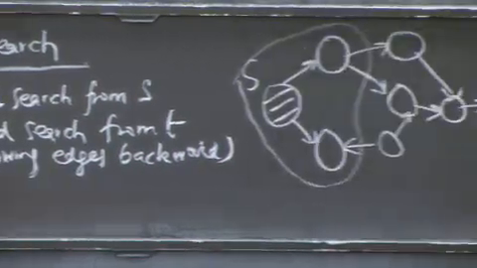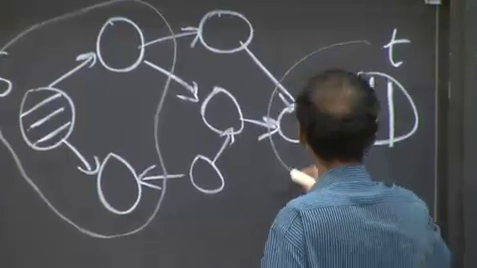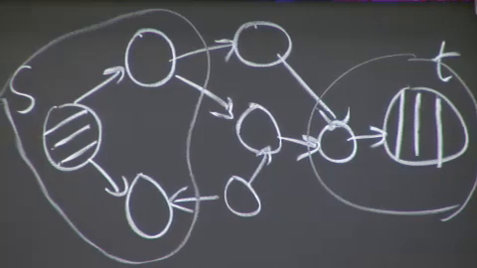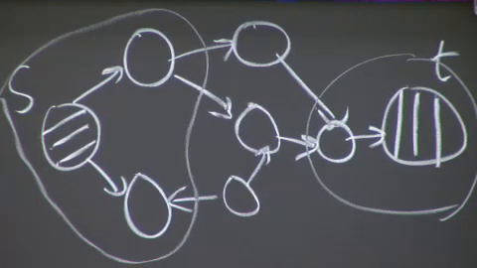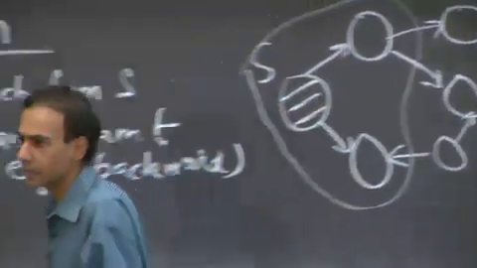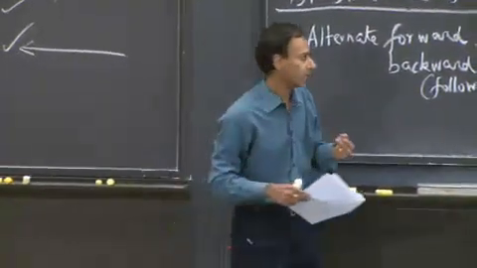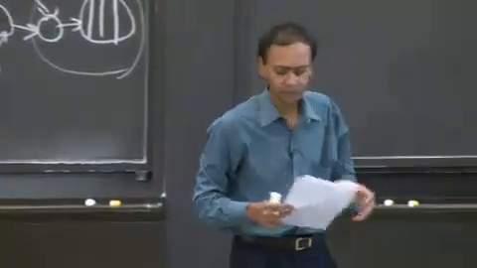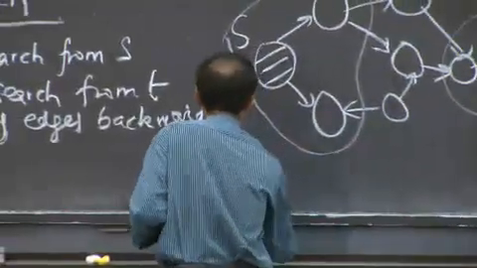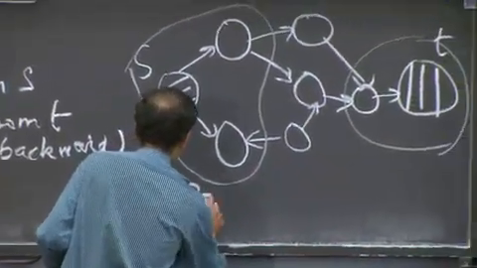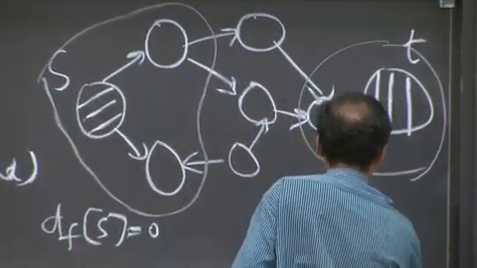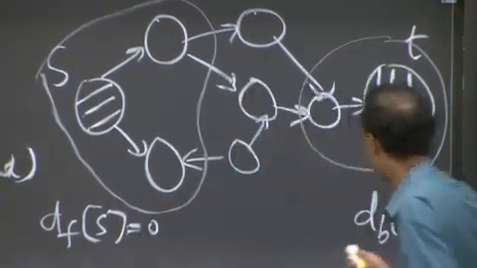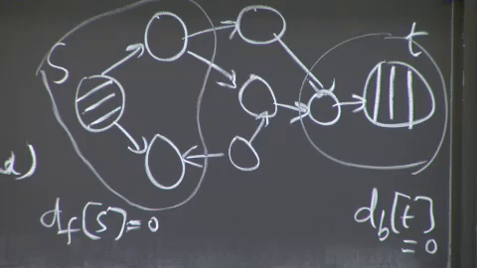But what would happen here simply is that your first frontier of backward search, T now in the backward search, is the minimum priority. So we're going to have two priorities. For S in the forward search, that's a straightforward one. D of S equals 0, and we should think of it as D_F of S equals 0. And we have D_B of T equals 0. And these subscripts correspond to these two different priorities.